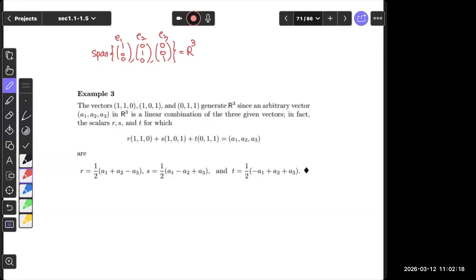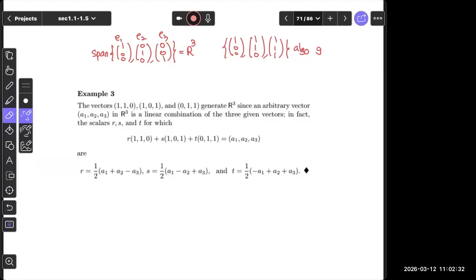You can also say 1 0 0, 1 1 0, 1 1 1 also generates R3. Or as in example 3, 1 1 0, 1 0 1, 0 1 1 generate R3.